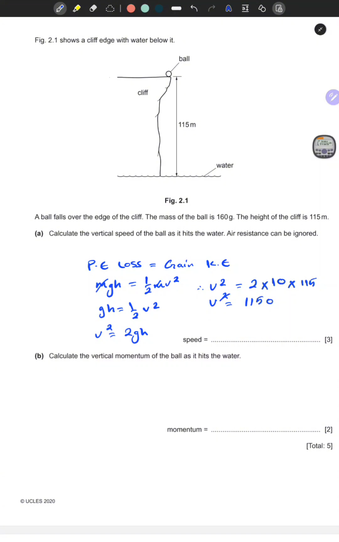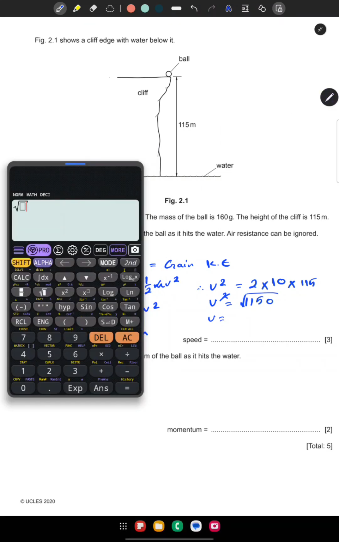So v equals the square root of 1150, which is equal to 33.9, right?